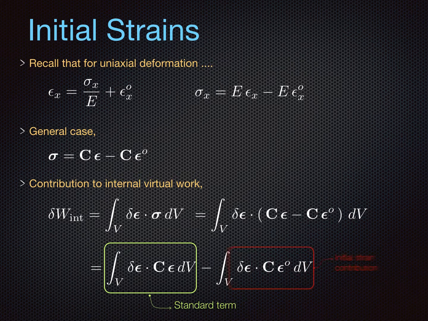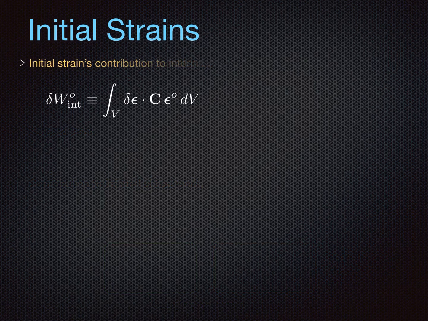And another part that comes from the initial strains, that's the term in the red boxes due to the initial strain contribution. So let us just bypass the standard term and take a look at the initial strain contribution in isolation. So this is what I had, a virtual strain dotted with C times epsilon naught.